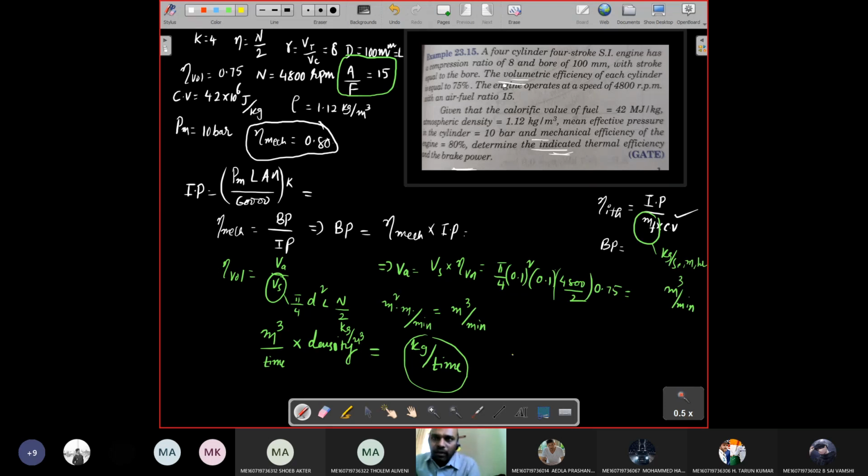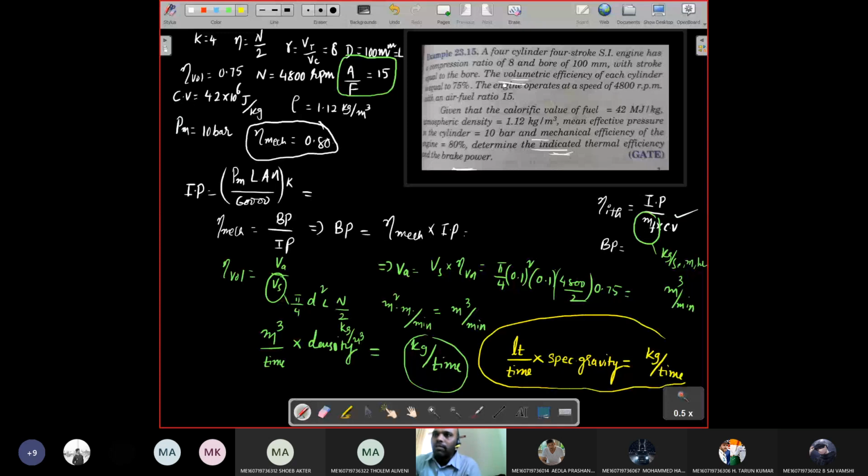And one more conversion: if you have data in terms of liters per time, and you want it in kg per hour, you should multiply with its specific gravity. Remember, these are very important conversions. If you have data in liters per time, that may be second, minute or hour, and you want to convert into kg per time, you should multiply with its specific gravity or relative density.